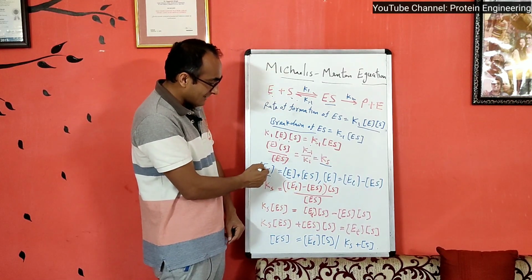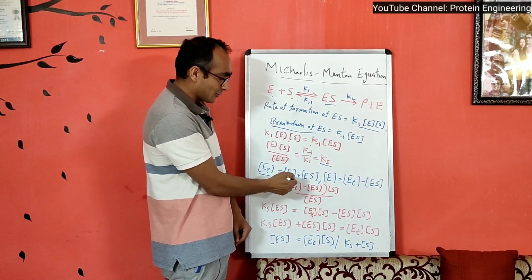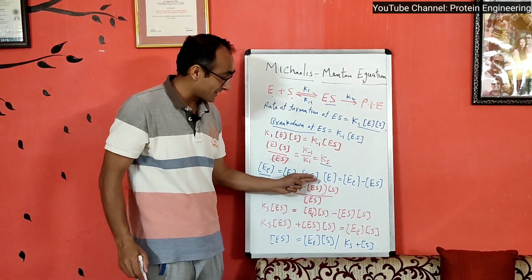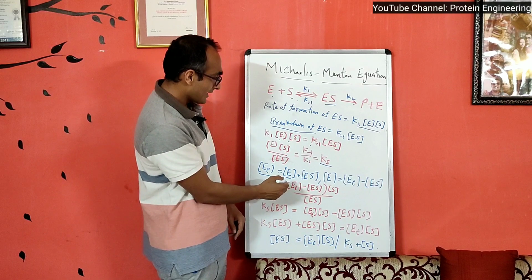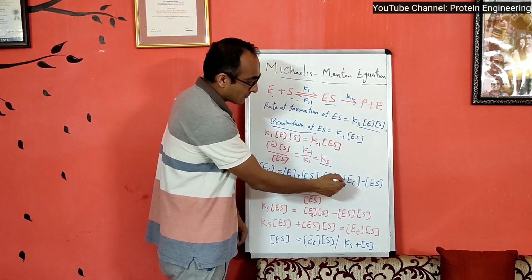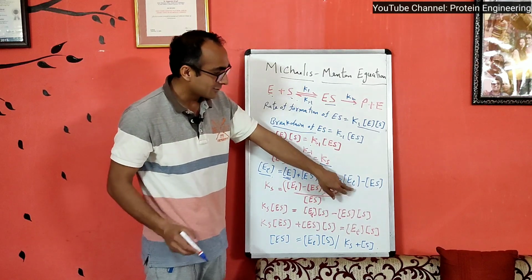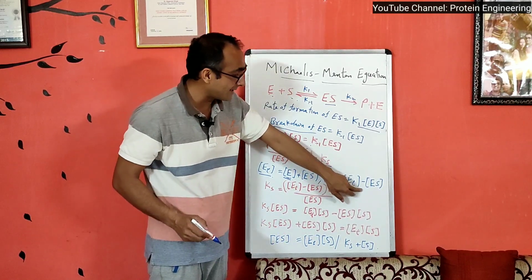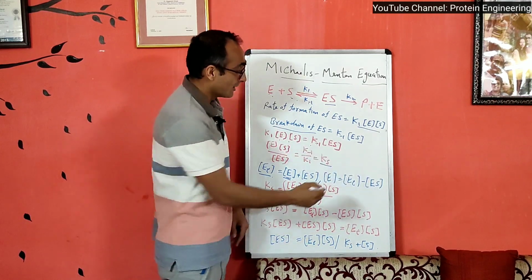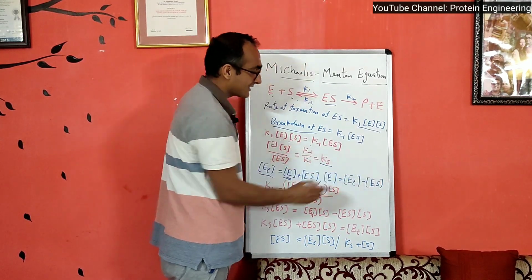So total enzyme concentration ET is equal to E free plus enzyme involved in ES complex formation. From here you can derive the value of free enzyme. So the value of free enzyme E would be equal to ET, the total enzyme used in the reaction, minus the enzyme present in ES complex form. So E is equal to ET minus ES.